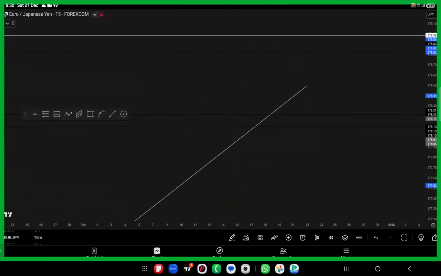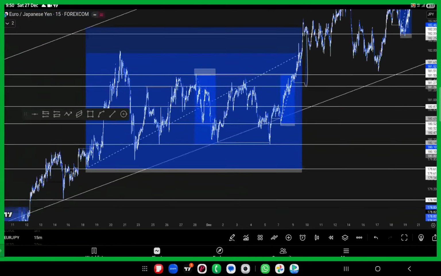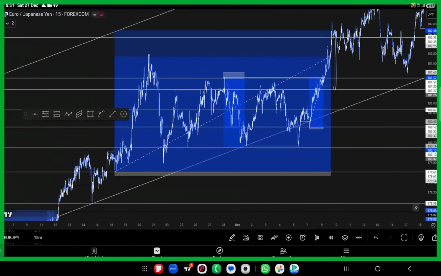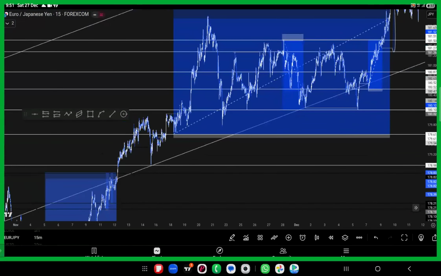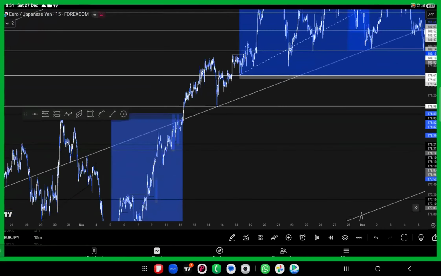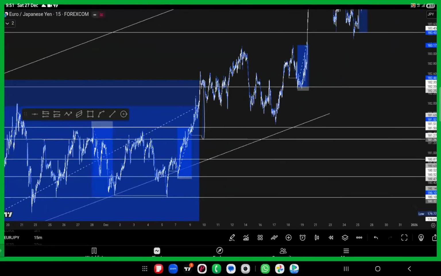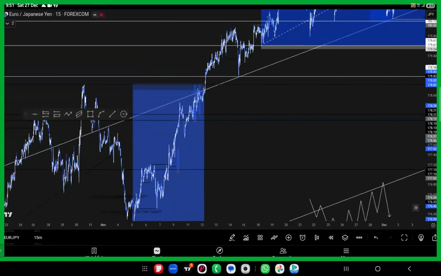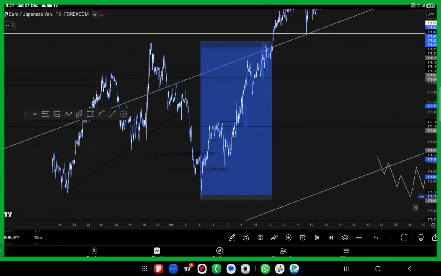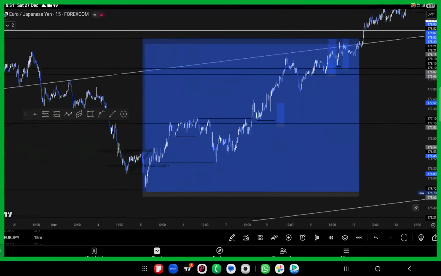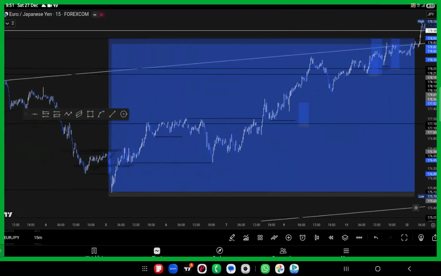Now let me see whether I've used any engineering liquidity recently. Yeah, I've used one recently. I'm able to go back here. There was one engineering liquidity that I used in this particular place.